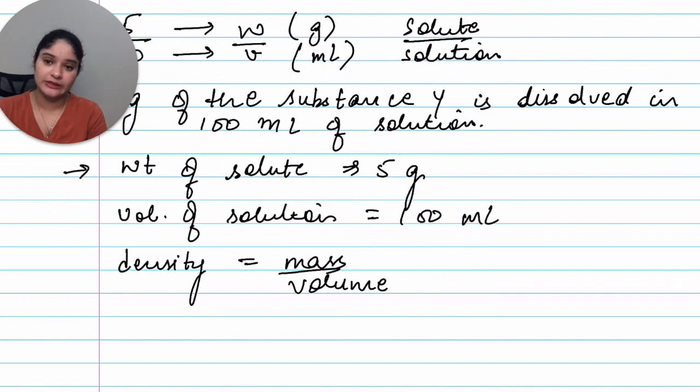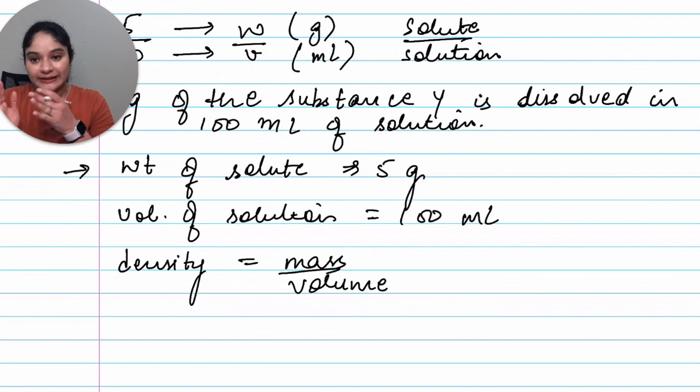Either they can give you the density of the solute or the density of the solution. But density will be given in the question. You won't get a question in which density is not given and they are asking you about the solvent. If they are giving you this much information only, they will ask you questions within that. If they end up asking something extra, they will give you the information of density.